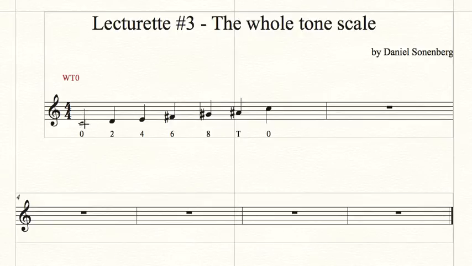So here I've notated it C, D, E, F sharp, G sharp, A sharp. That's all great. We see whole step to whole step to whole step. When I want to get back now to my first note, I have this diminished third interval, A sharp to C. Spelling usually with the whole tone scale is only a matter of convenience.